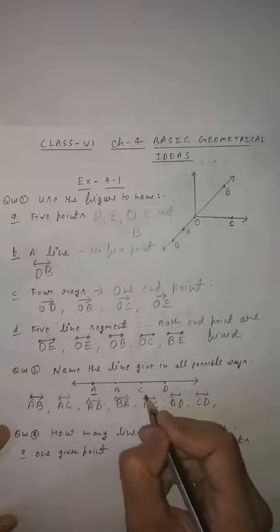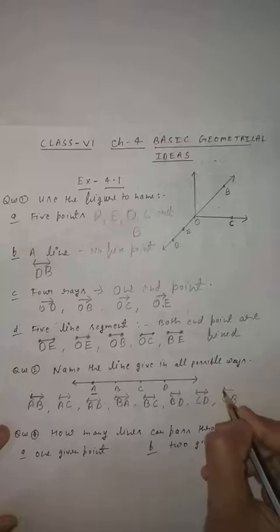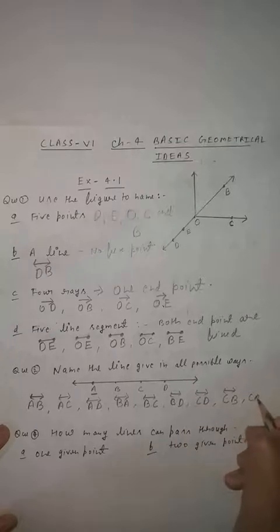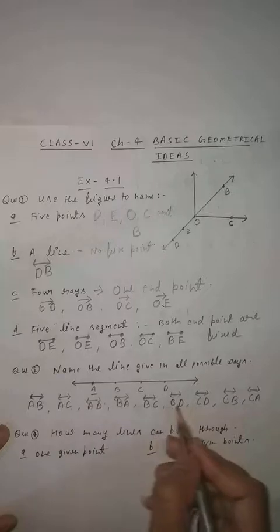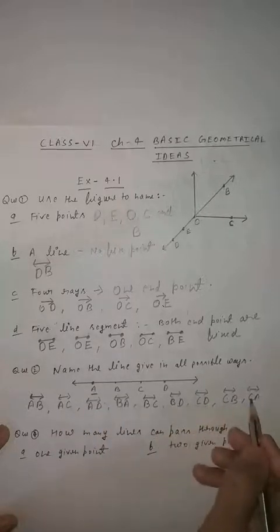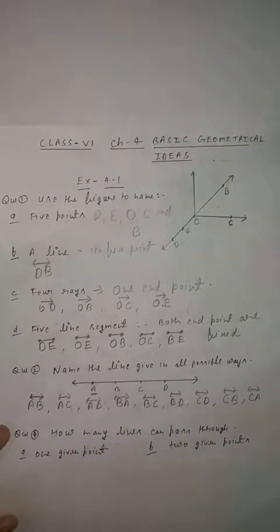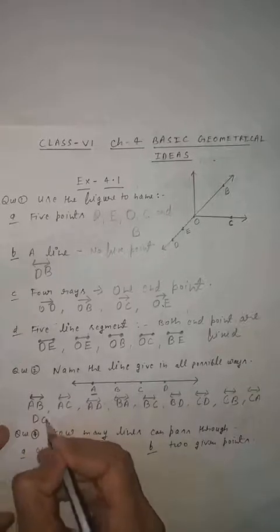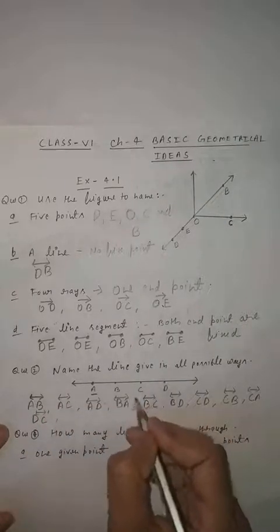Next is CB. Now next is CA. Clear? So here 1, 2, 3, 4, 5, 6, 7, 8, 9. Now CA is done. Now come on to D. So you can write DC. Next is DB.